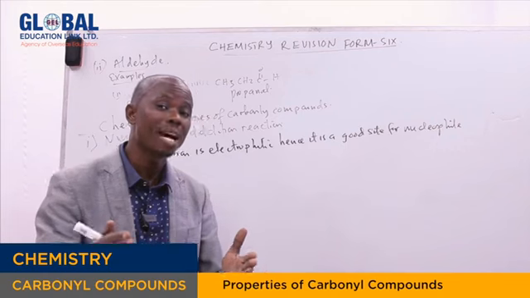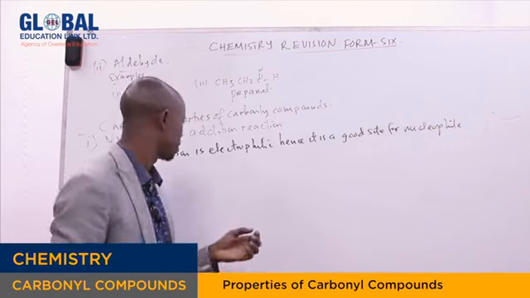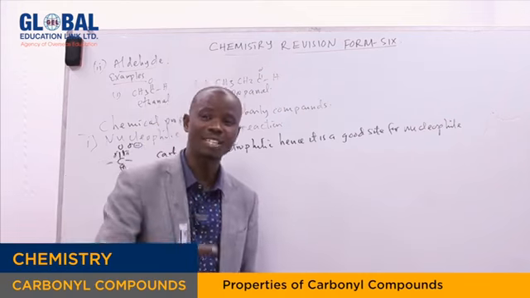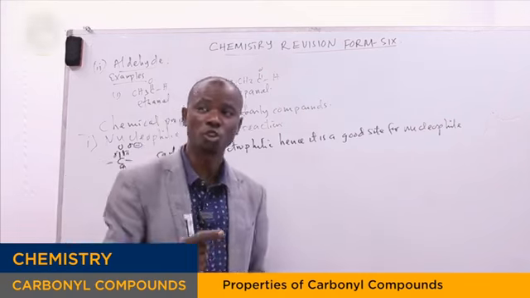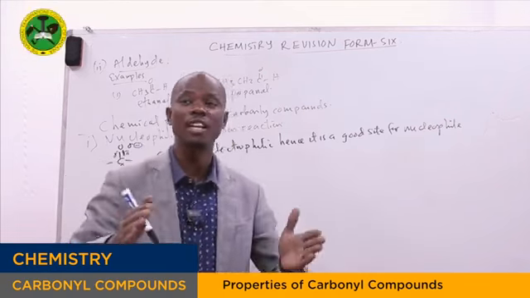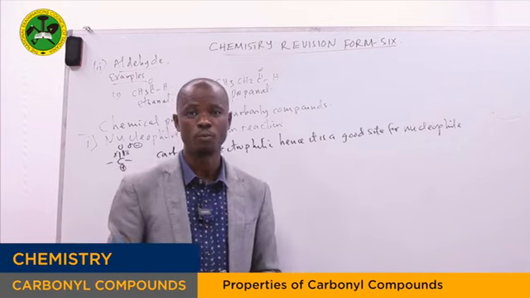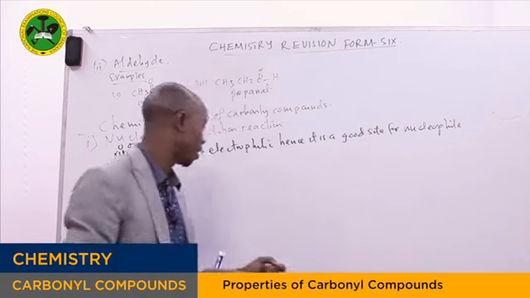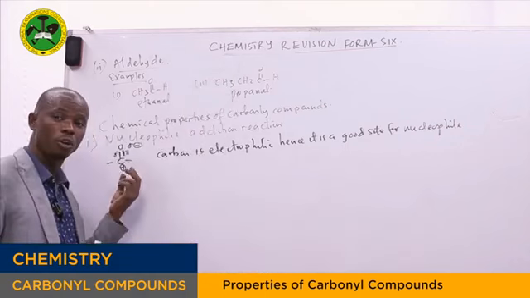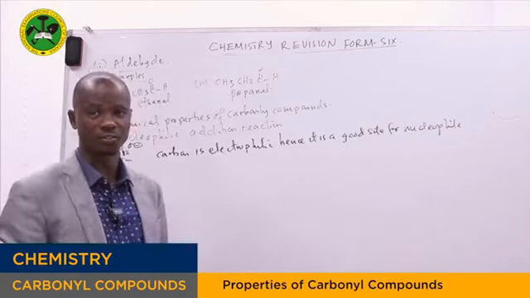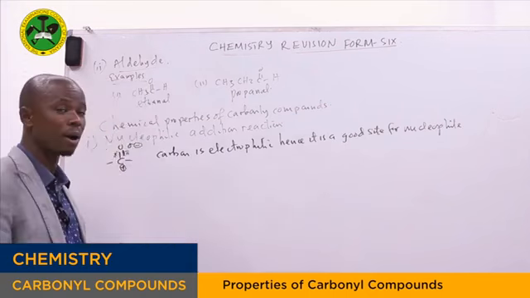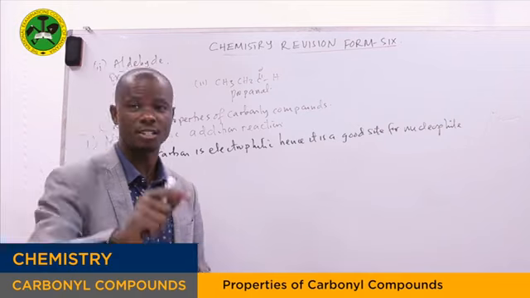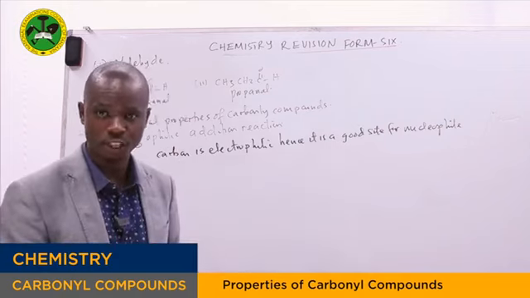Higher members of the aldehydes will experience stronger positive inductive effect due to the presence of a longer chain of alkyl group. So this one will be less reactive. Why? Because the electrophilic carbon will be made less reactive. Therefore, these higher members of aldehydes will be less reactive towards nucleophilic addition reaction.